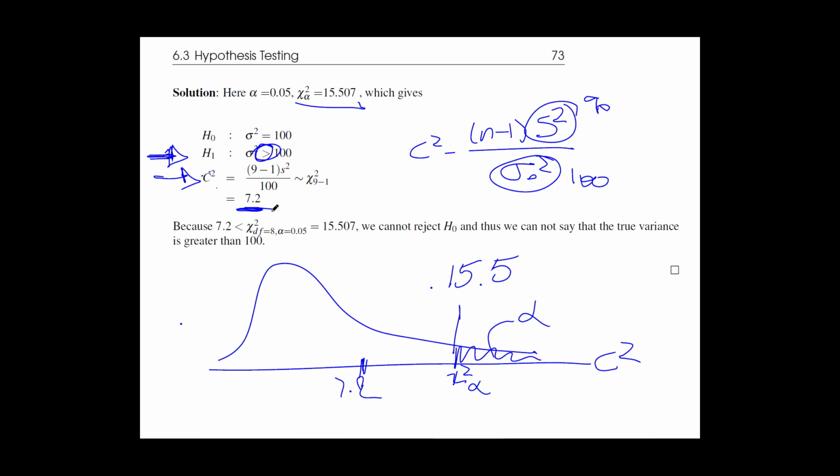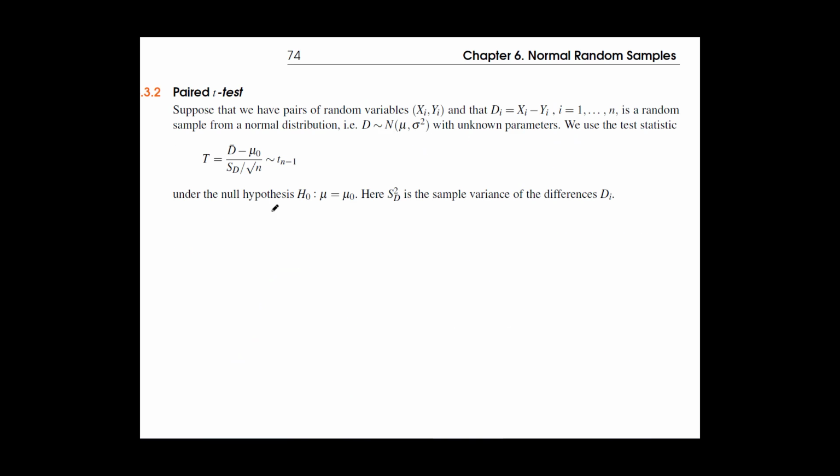All right, let's move on. Let's talk about the paired t-test. These are really useful when we have observations that are typically from the same experiment, and you have two observations, X and Y, and you're interested in the difference between them.